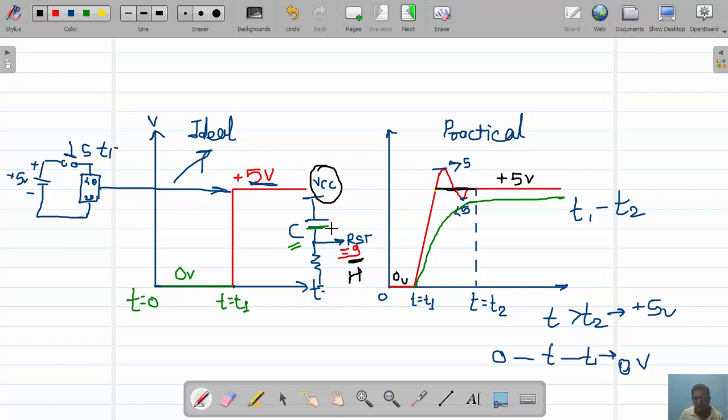Then when the capacitor gets fully charged, it is going to block the flow of current, and hence the voltage on pin number 9 gradually goes on decreasing. So between the time interval T1 to T2, pin number 9 is high, and because of that my device gets reset.